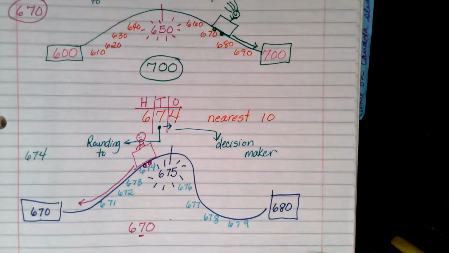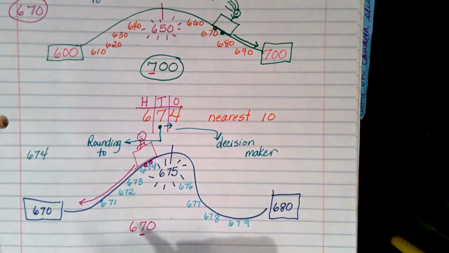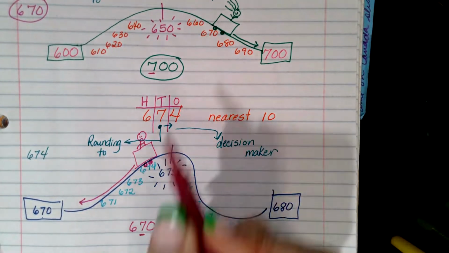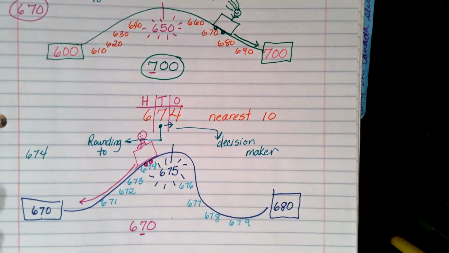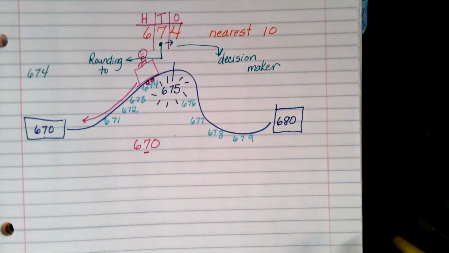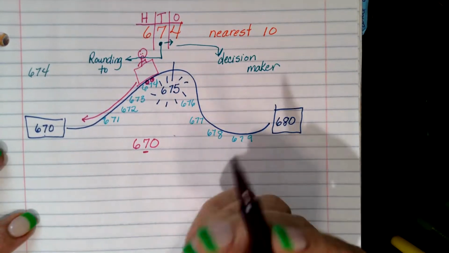When we rounded to the nearest 100, we had a number in the hundreds place. Everything to the right of the number we are rounding to becomes a 0.